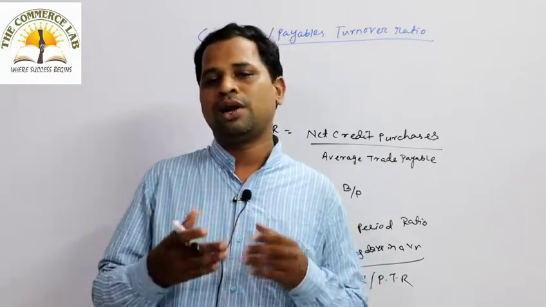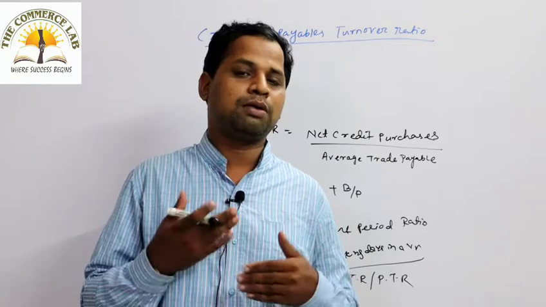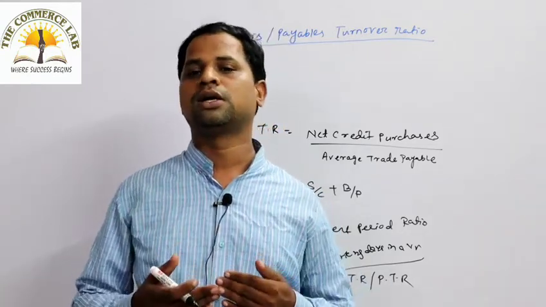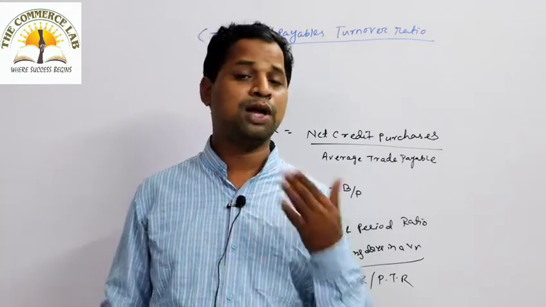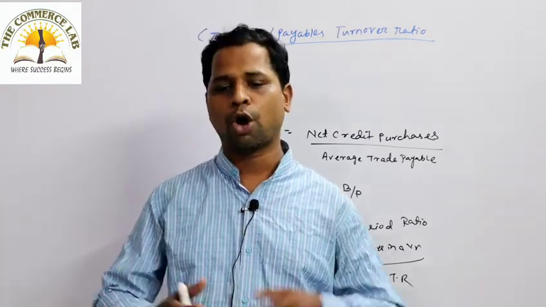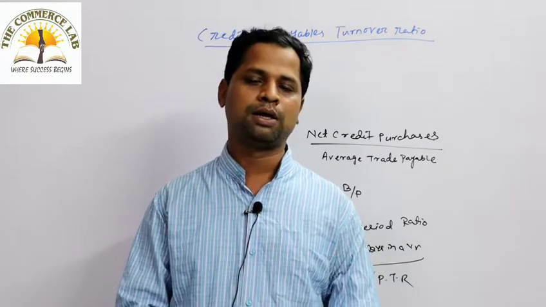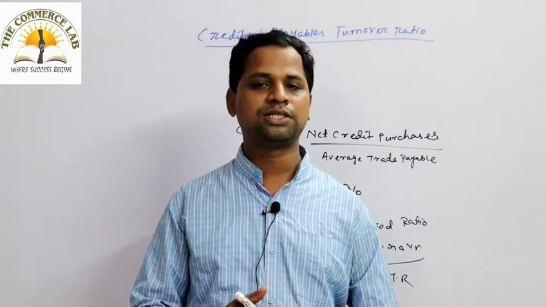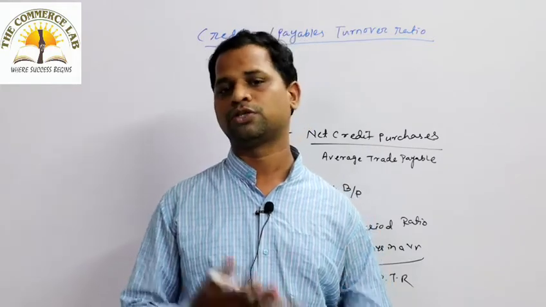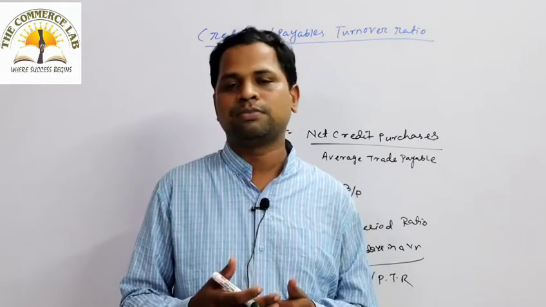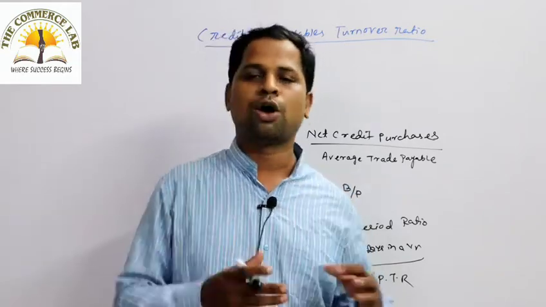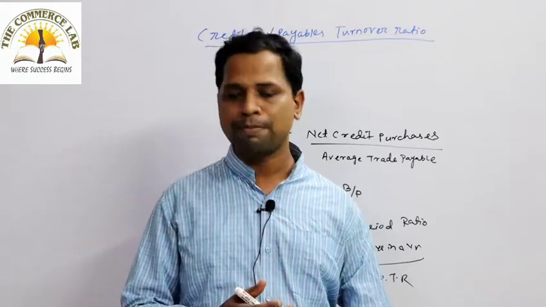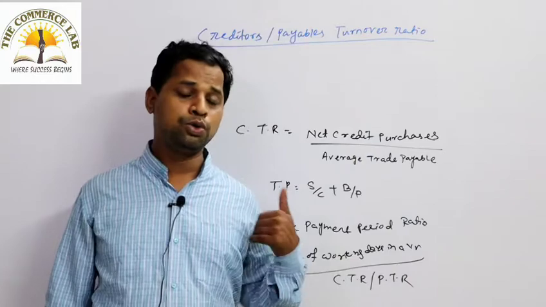But if you are taking less time to pay the sundry creditors, it means you do not have a better credit policy and are not able to enjoy the credit period, because within a short time you are committed to pay for the raw material purchased on credit. So it is not advisable to pay the creditor within a short period. That depends upon you.